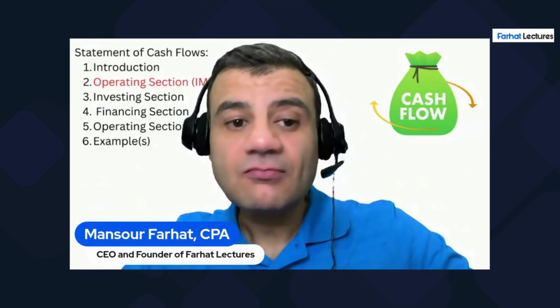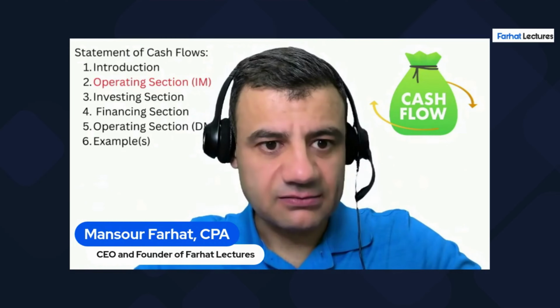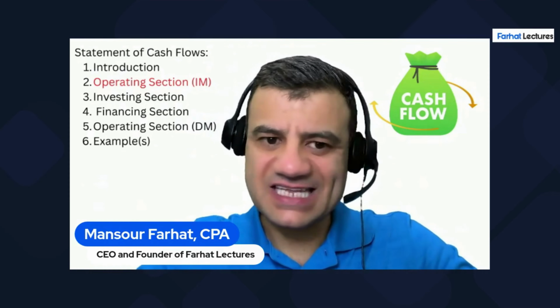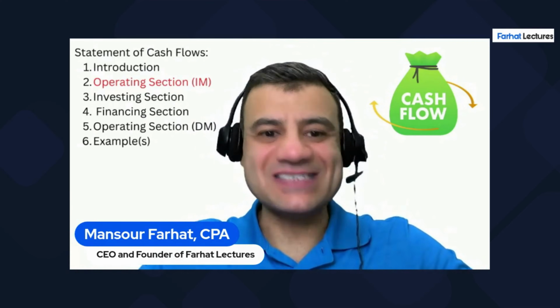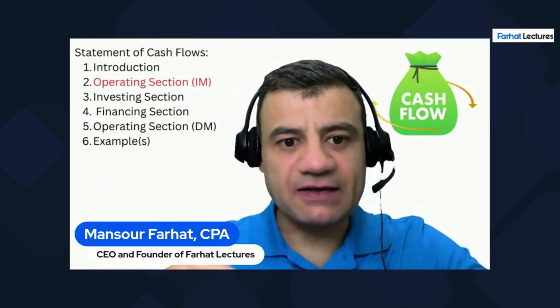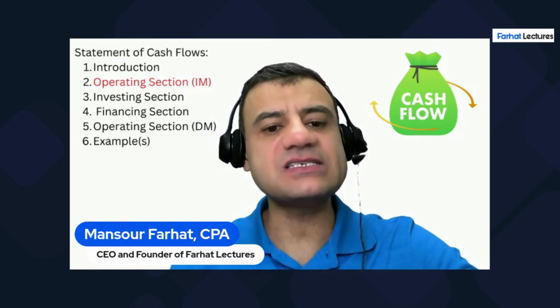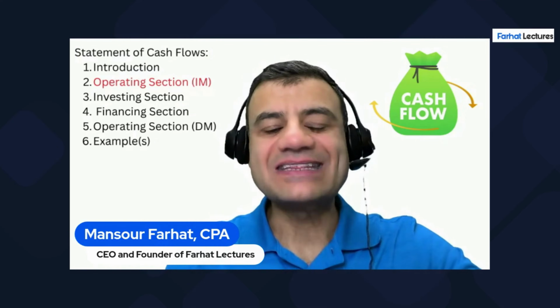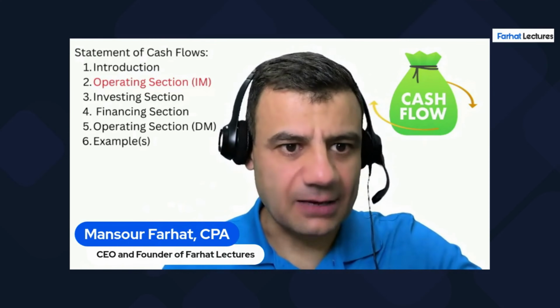Therefore, in this session, you need to have a good understanding of the income statement. Obviously, if you're preparing the statement of cash flows, you need to be familiar with this because this is what you are converting. You need to be familiar with the balance sheet. Specifically, on the balance sheet, you need to be familiar with current assets and current liabilities. Those are the accounts that are going to influence our current earnings, which is net income.